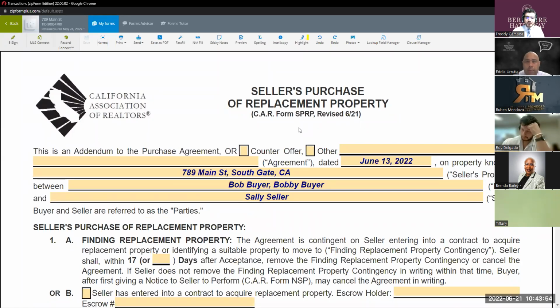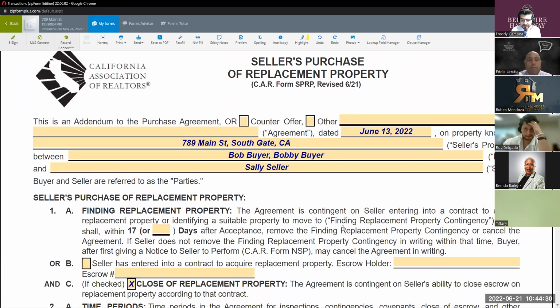This is the seller's only contingency to use to cancel for whatever given reason they're not able to perform. If you're helping the seller who needs to find an upleg, a replacement property, you definitely have to let the buyer know in your counter offer: Mr. Buyer, Mrs. Buyer, just to let you know, my seller needs to find a replacement before we sell this property.